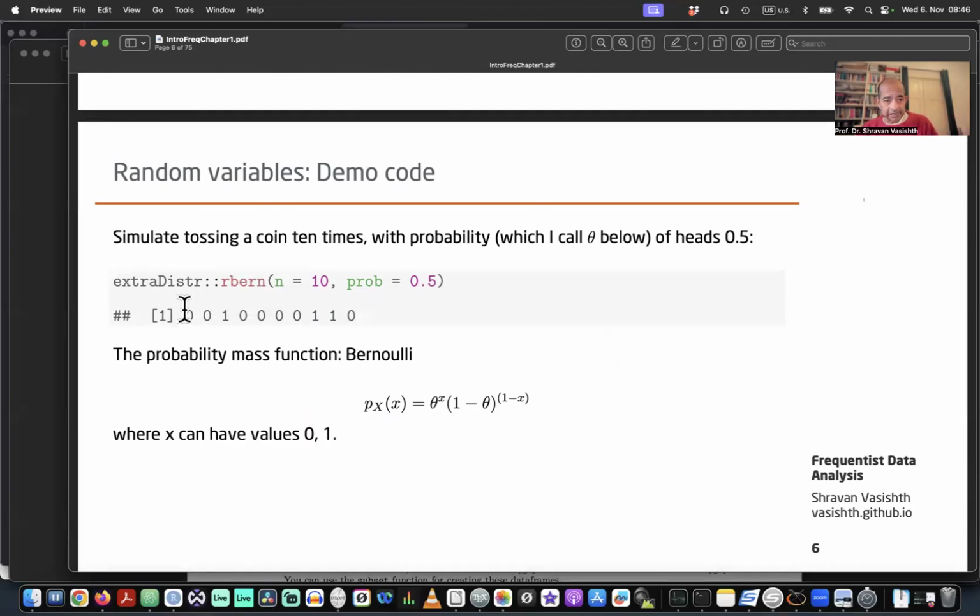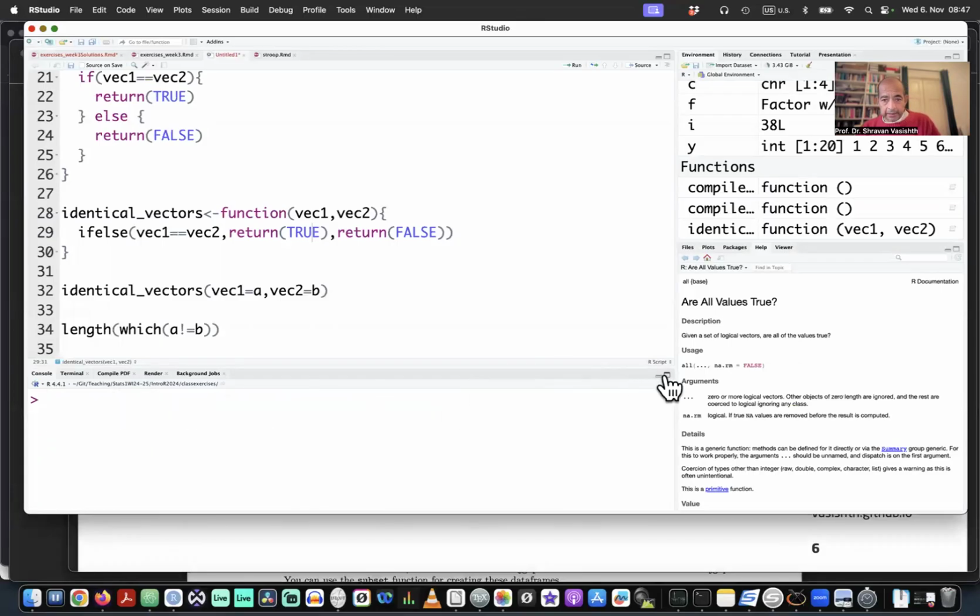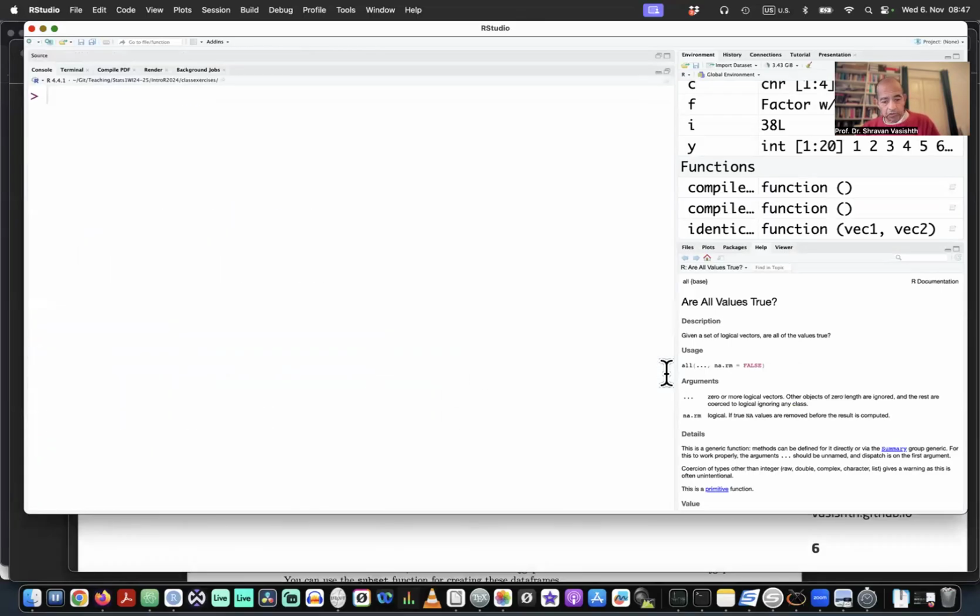So what you're seeing here in the output of rbern is the result of an actual experiment that I've run on the computer. If I were to run this over and over again, let me do that. Let's pull up RStudio and just run this function over and over again.